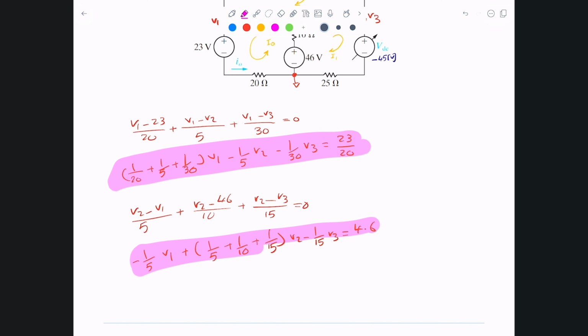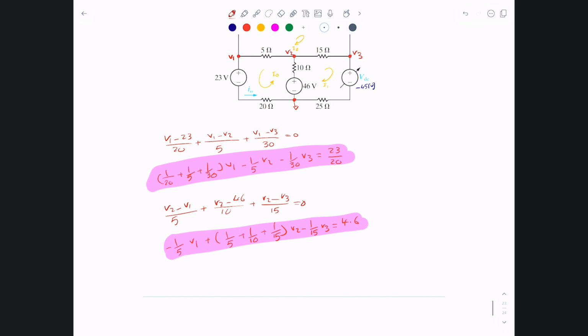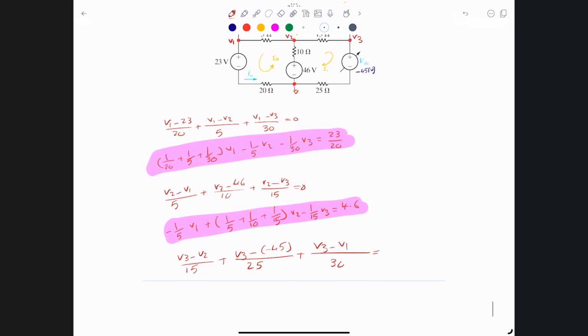So that's the second equation, and I need a third equation. Okay, the third equation comes from the third node, so that will be (V3 minus V2) divided by 15 plus V3, well, negative 45 divided by 25. So in this case, I'm assuming that that's negative 45 because this is the answer I got from the mesh analysis, plus I believe it's (V3 minus V1) divided by 30 for the resistor on the top equals 0.